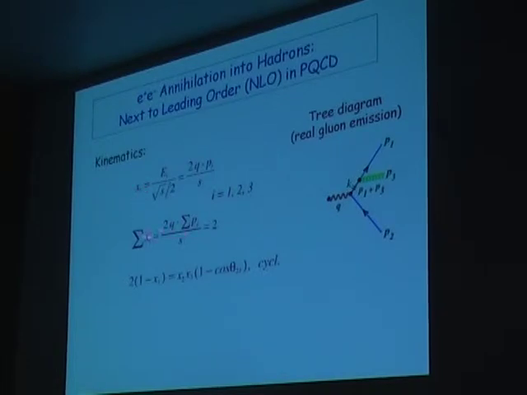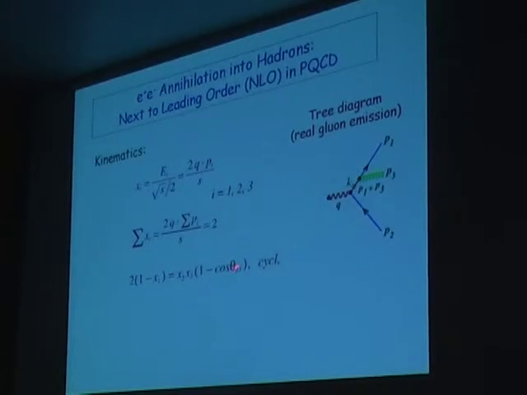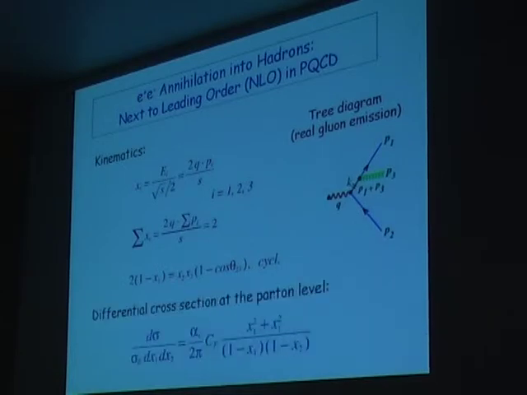And energy conservation tells us that the sum of the 3 x's should come to 2. So only 2 of them are independent, which also means that if you use the scattering angle between the 2 and 3 and the 3 and 1 and so on, then these x variables and the theta variables are equivalent to each other. And the relations are like this. So again, this is a calculation that most of you should be able to do.